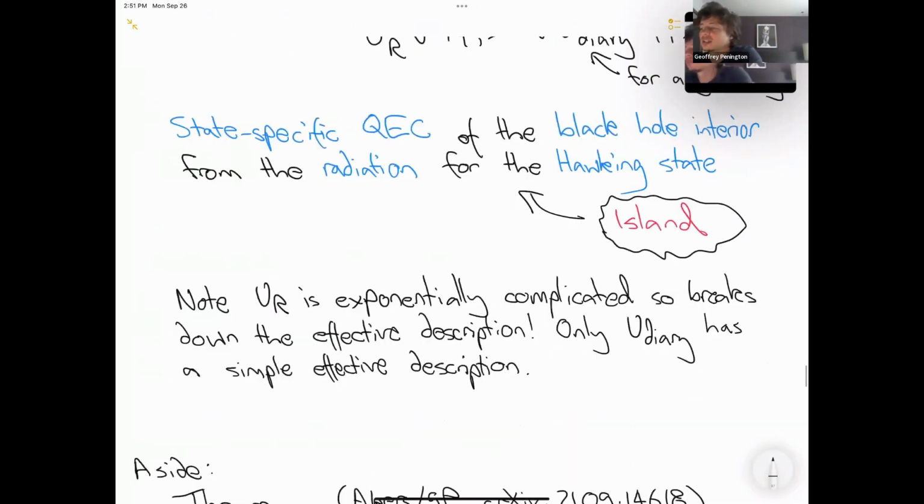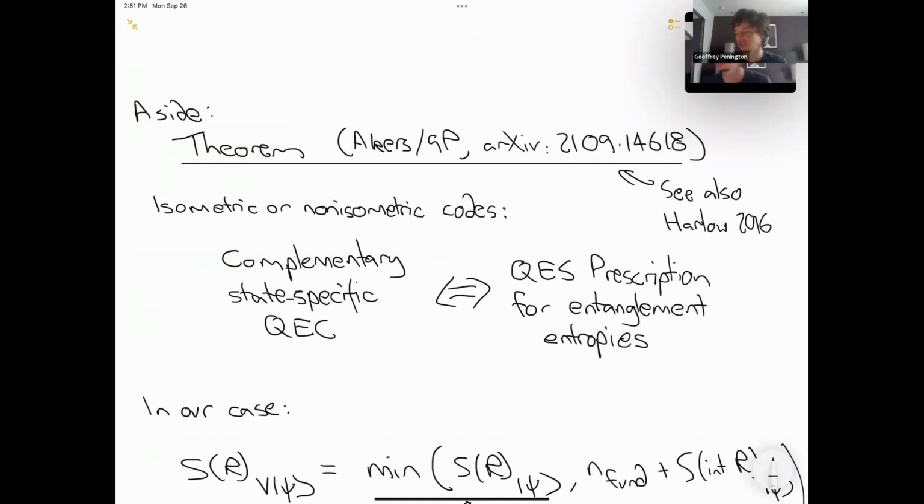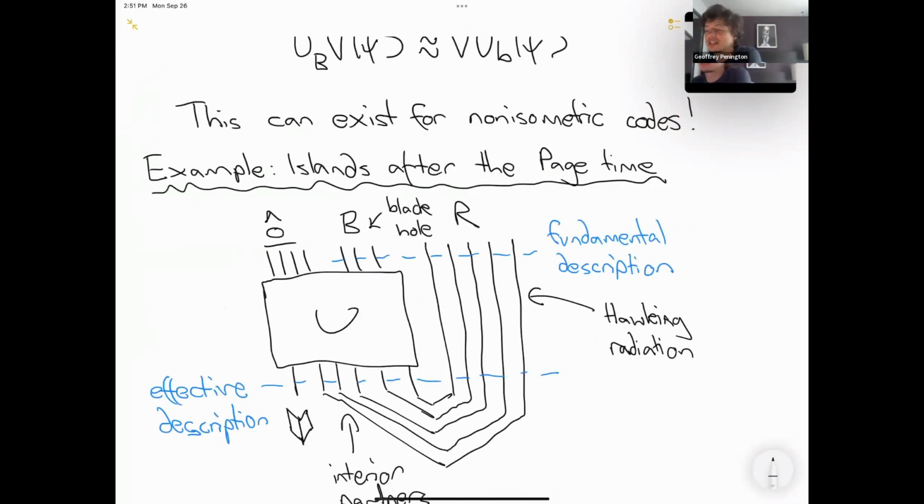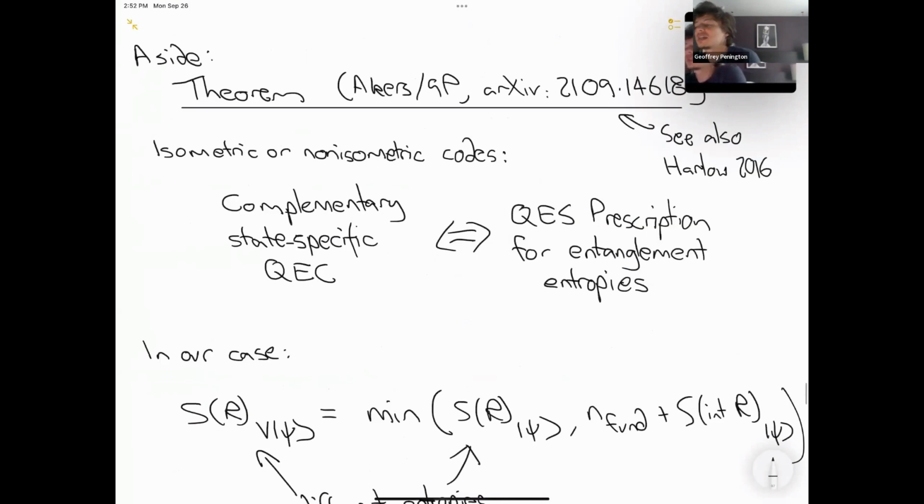It turns out there's a paper Chris Akers and I wrote last year, building on seminal earlier work by Dan Harlow in 2016, showing that for any quantum code, isometric or non-isometric, anytime you have complementary state-specific quantum error correction, and what I mean by that is basically everything in the effective theory that's not reconstructed by R is instead reconstructed by B, or anytime you split into two boundary regions, anything not reconstructed by one is reconstructed by the other in a state-specific way, then you also have a QES prescription for entanglement entropy.